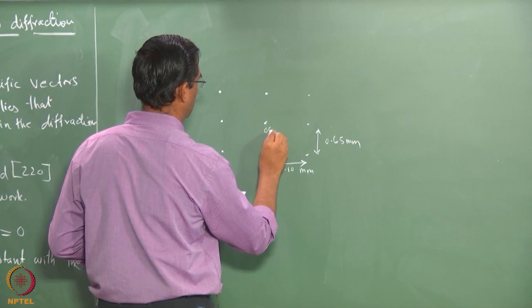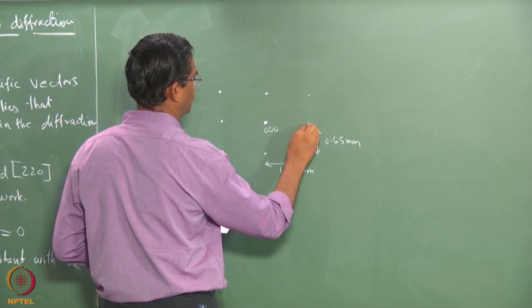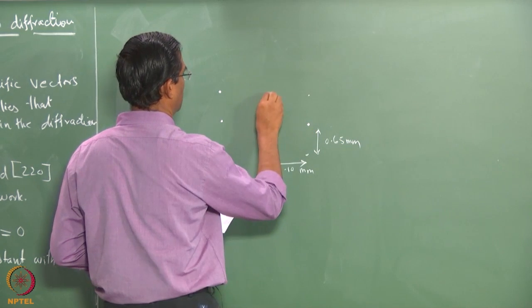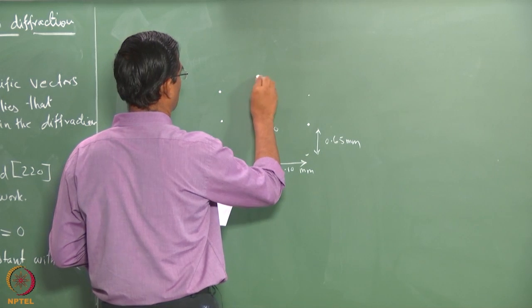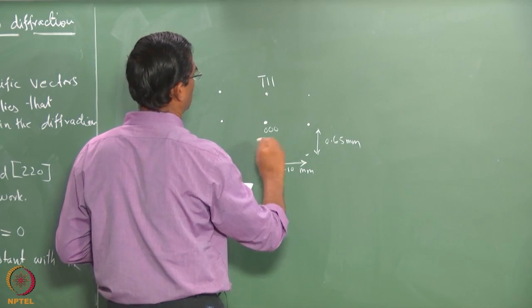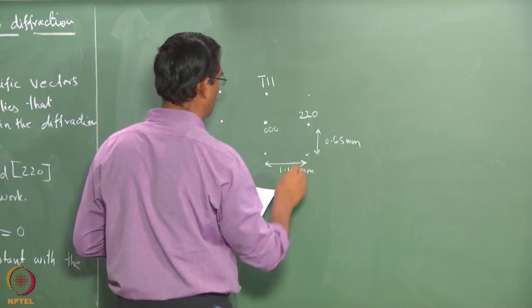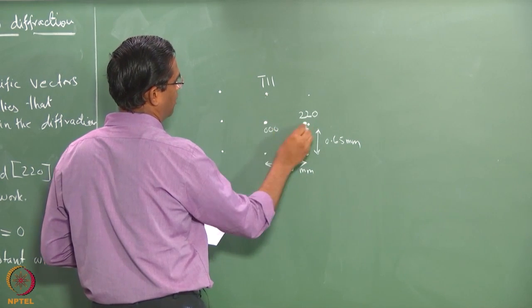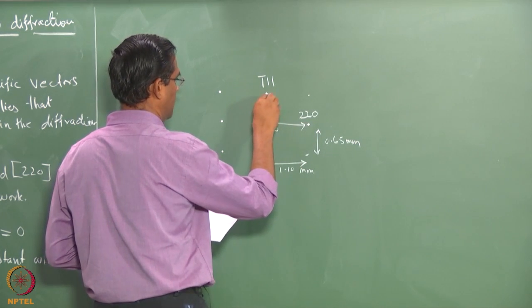So, this is 0 0 0 and we will take two vectors, one is this, one is that. Let us label this as 1 1 1 and this as 2 2 0, because these two vectors are at 90 degrees.